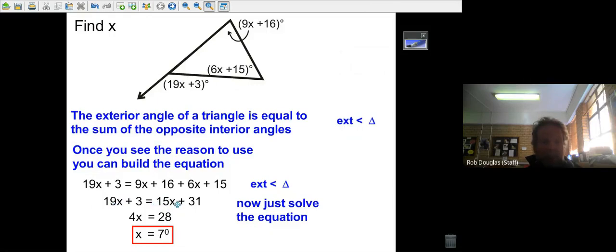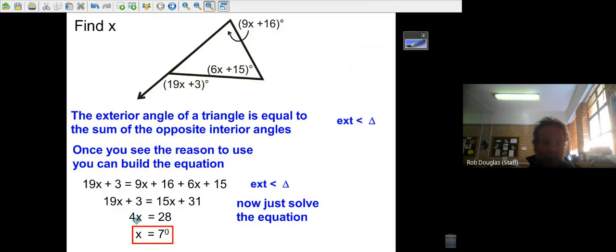If we take away 15x from this side and from this side, 19x minus 15x is 4x. 15x minus 15x is 0. That's why there's no x's on this side. Right here I've got this plus 3 and 31 here. I'd like to get the x's by themselves, so I take away 3 from here. 3 minus 3 is 0. 31 minus 3 is 28.